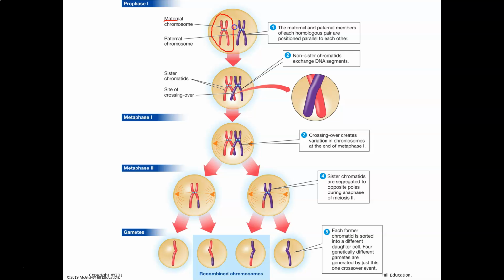And they're labeling this one as the doubled up chromosome from dad. So it's replicated. You've already replicated the DNA, and you have sister chromatids, right? So the maternal and the paternal members of each homologous pair are positioned parallel to each other, right? So now they're sitting next to each other.